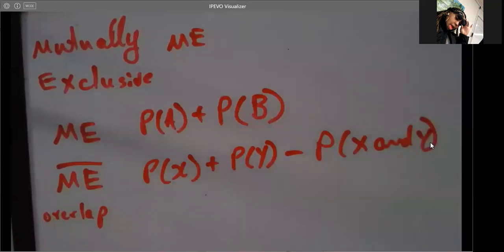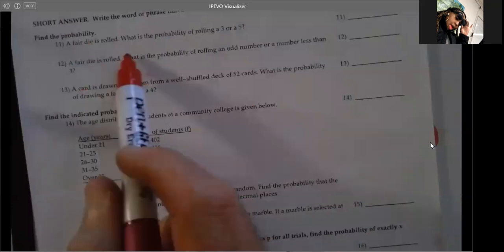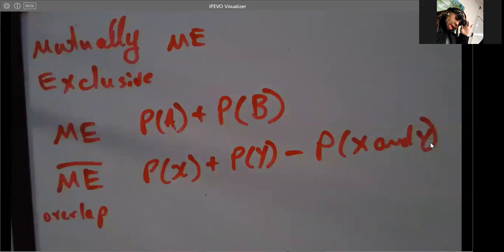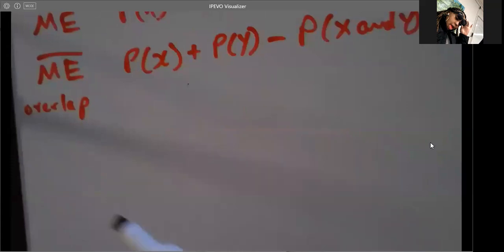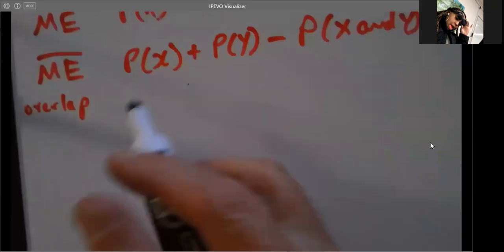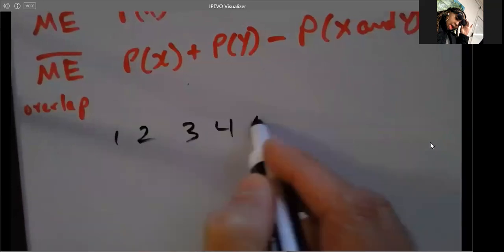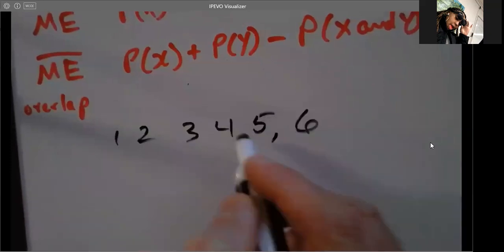Okay, so let's look at number 11 again. A fair die is rolled. What is the probability of rolling a 3 or a 5? So it helps to write out the sample space for a dice. We've got 1, 2, 3, 4, 5, 6.